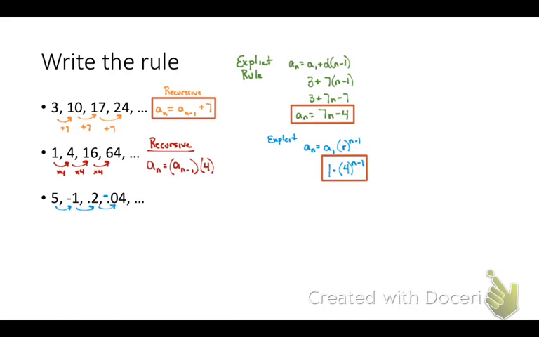Now, 0.2 is the same thing as 1/5. 0.04 is going to go down to negative 1/25. What are we doing each time? Dividing by negative 5 or multiplying by negative 1/5.